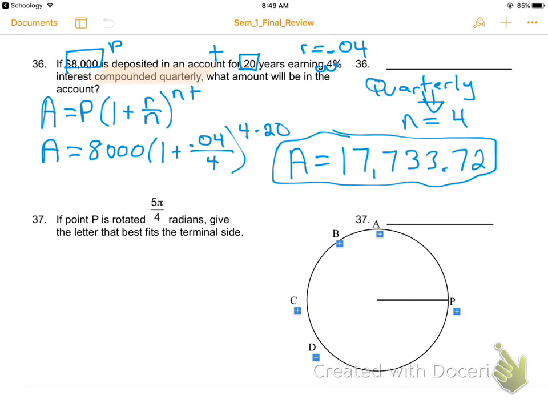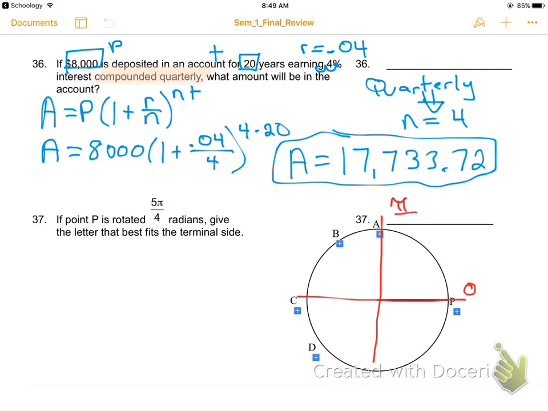37. We just started learning about this, so this may be a bit of a review for some of you and something sort of new. If point P is rotated 5 pi over 4 radians, give the letter that best fits the terminal side. So what I would do is draw in my 4 important pieces, remembering now I'm in radians. So this is 0.